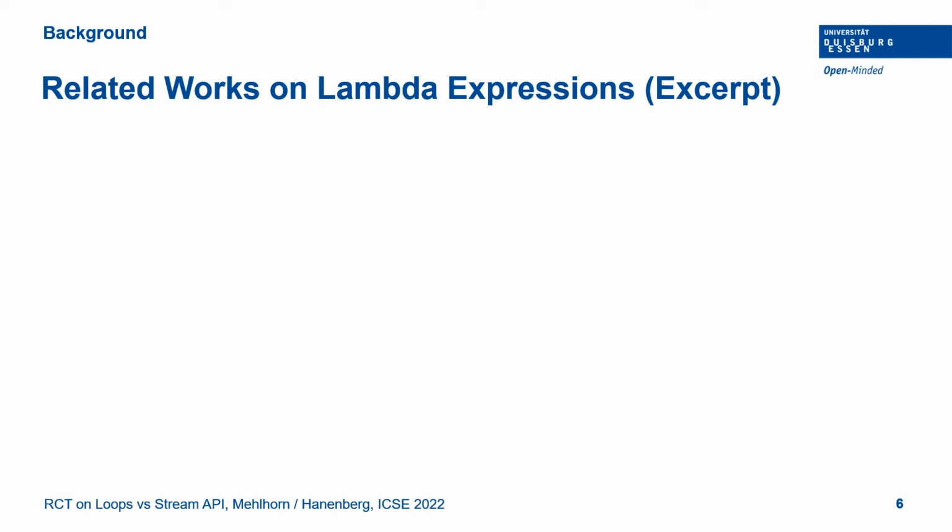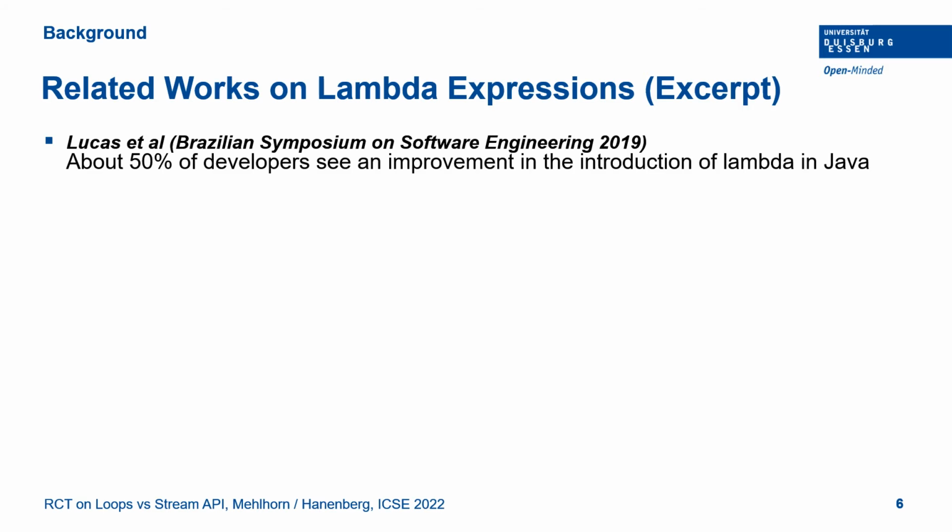Well, before trying to answer this question, it makes sense to take a look into the related work on lambda expressions, because it turns out that the evidence for lambdas isn't as strong as we might expect, taking into account that today it is quite normal that imperative languages get more declarative features in terms of lambda expressions.